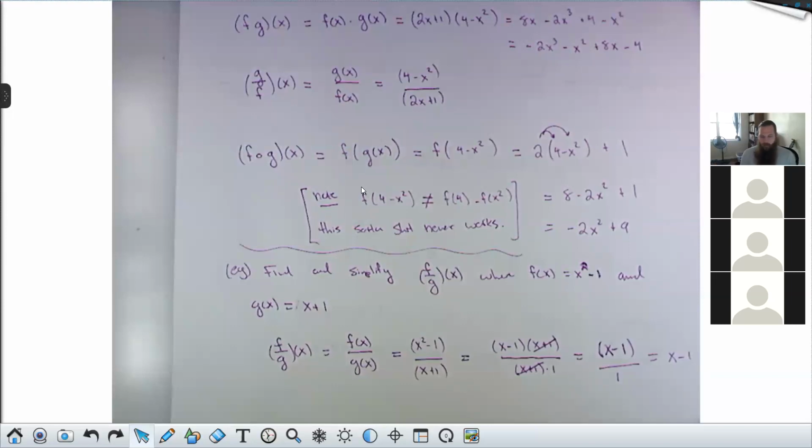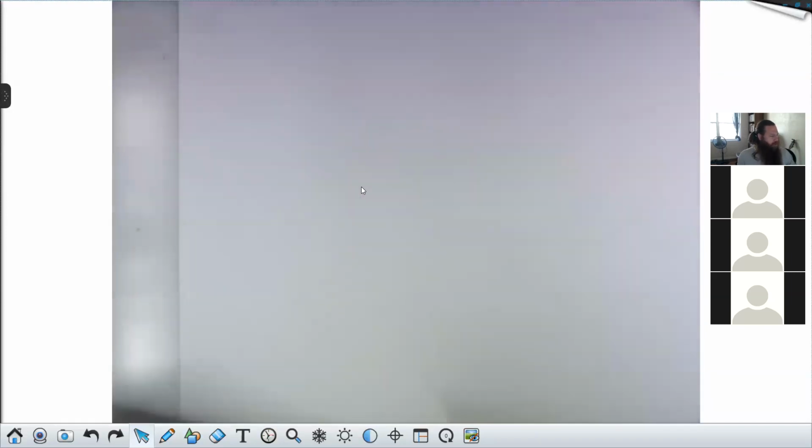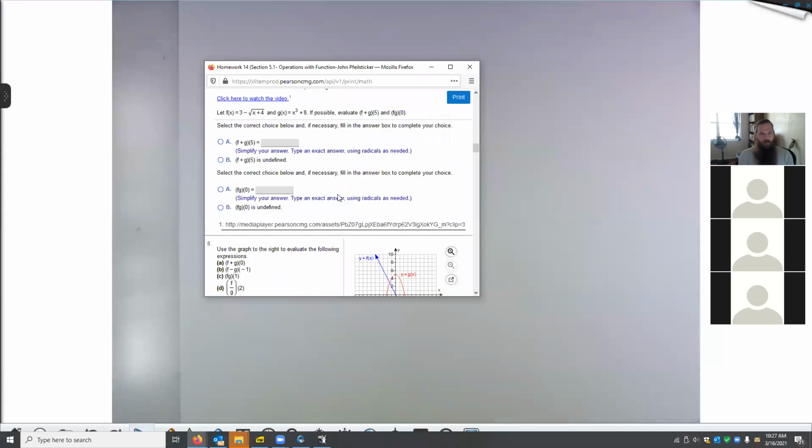We're all feeling comfortable? I'd like to look at an example of a problem or two, maybe just one, where we're using graphs of functions to sort out some information about a composite. These can be a little bit tricky.